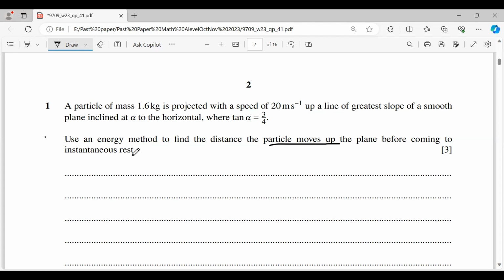Okay. Firstly, I'm going to sketch the situation. This is the particle. According to this information, it will stop here, because it will be at instantaneous rest.